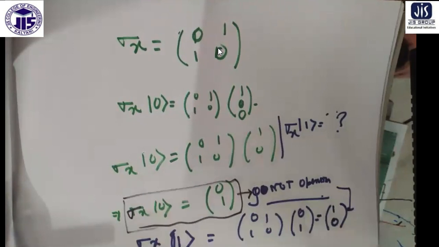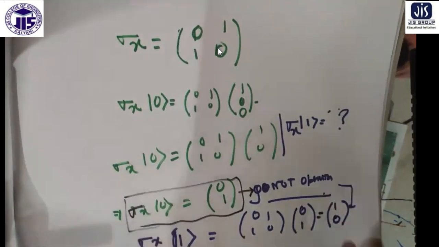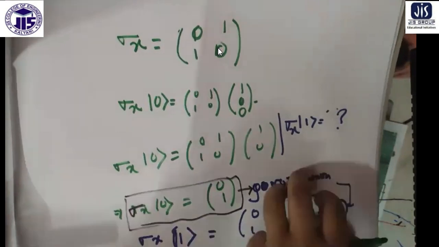So that is what I did here. Many more logic gates are there. This is called the sigma X gate. So the quantum NOT gate is the first quantum logic gate that I am sharing with you.